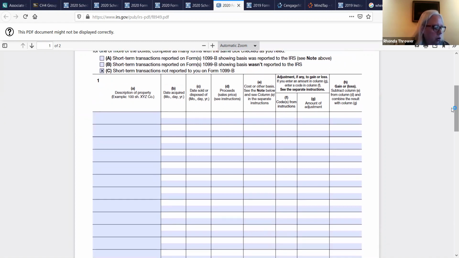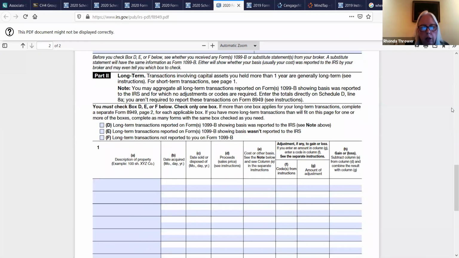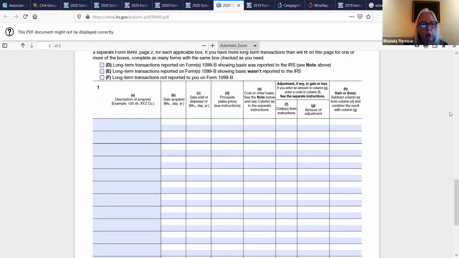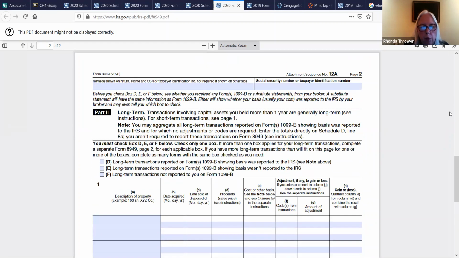So you're going to scroll on down to part 2. This will be considered a long-term transaction when you sell a residence. If you've owned the residence for more than a year, it's going to be considered long-term. And so we would put in as a description in part 2 the type of property that we had.